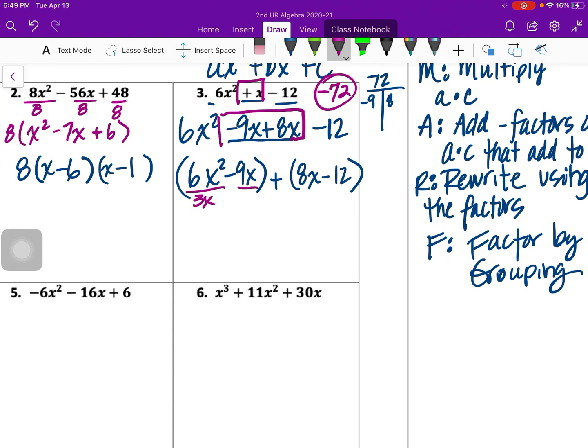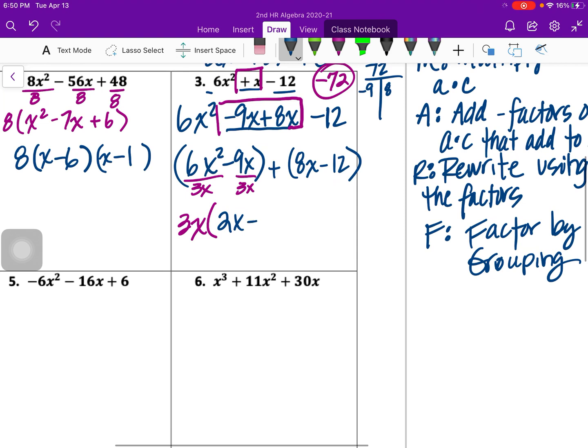So I'm going to divide each term by 3x. Okay, just like I've always said, when we factor, we don't throw it away. So the 3x goes here. And what's left, let's see, 6 divided by 3 is 2. X squared divided by x is x. And then negative 9 divided by 3 is negative 3. These x's cancel.